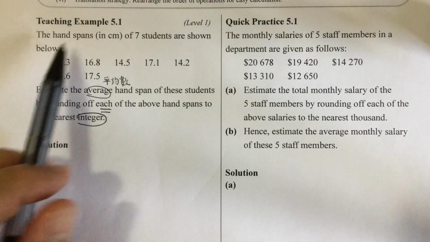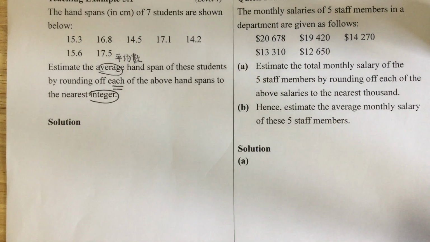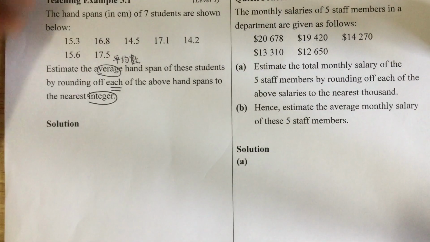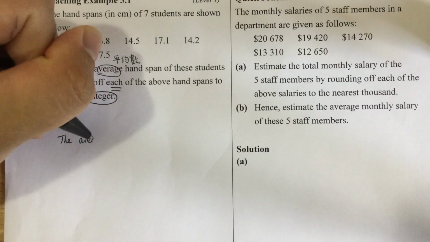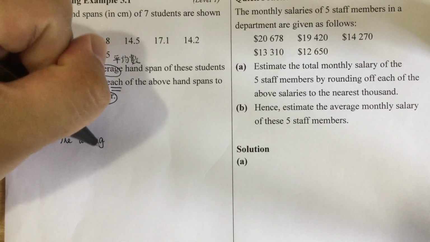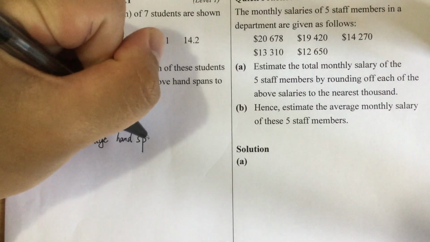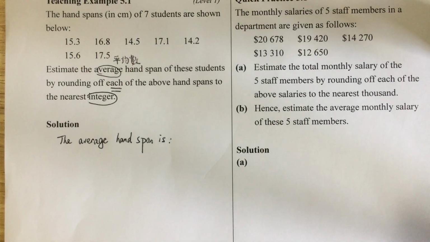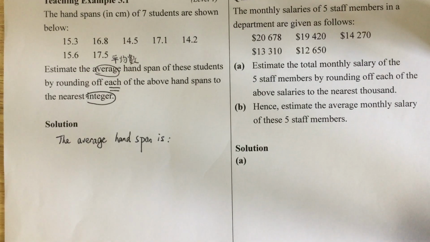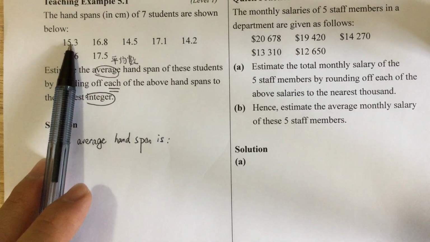So we will count this one by one. First of all, we will estimate the average hand span. What we will have here is we'll do it one by one.